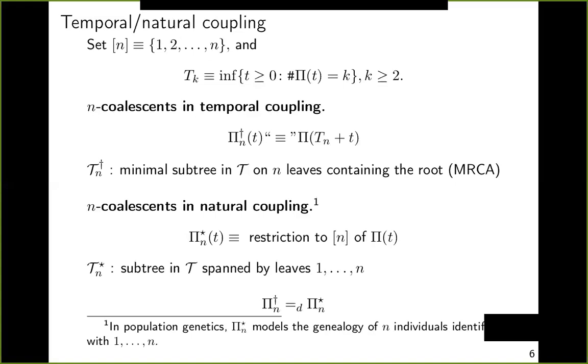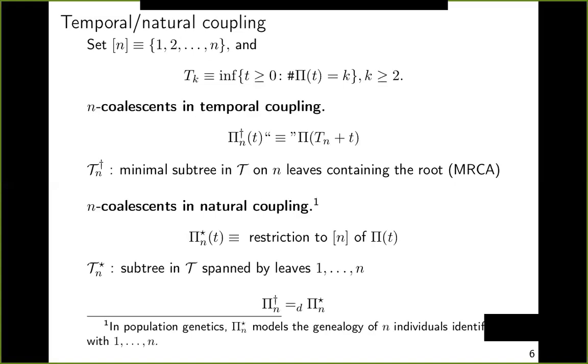And we denote this tree by Tn star. And it's easy to see that pi n dagger and pi n star really are equal in distribution. However, the sequence pi n dagger, where n ranges over the natural numbers, does not have the same distribution as the sequence pi n star, where n ranges over the natural numbers.